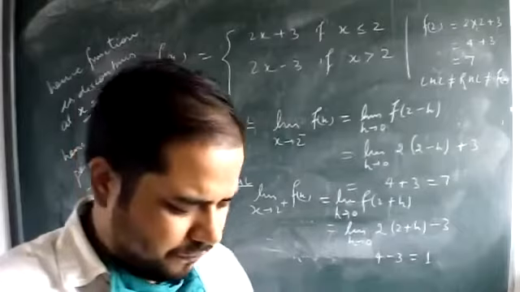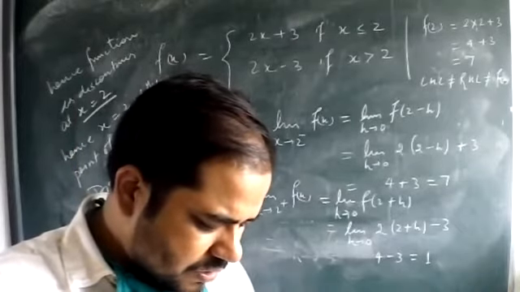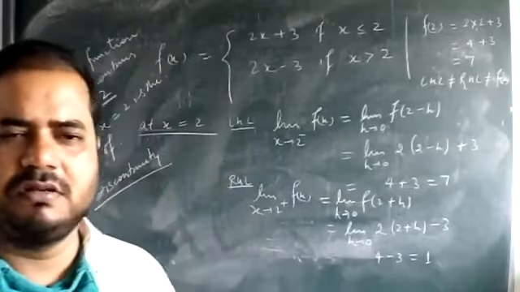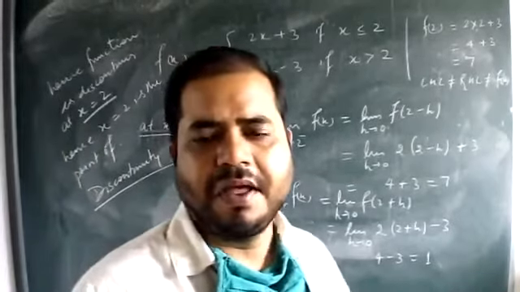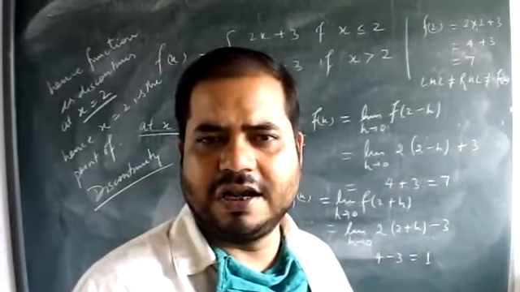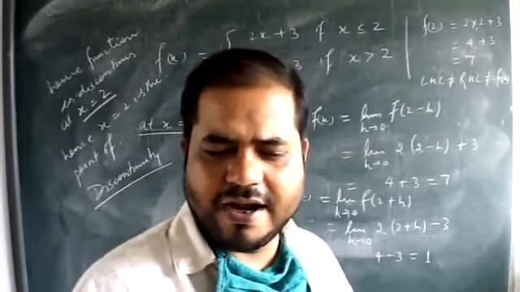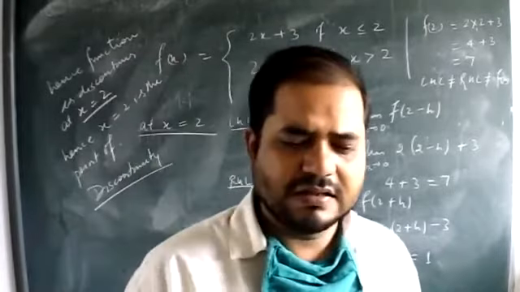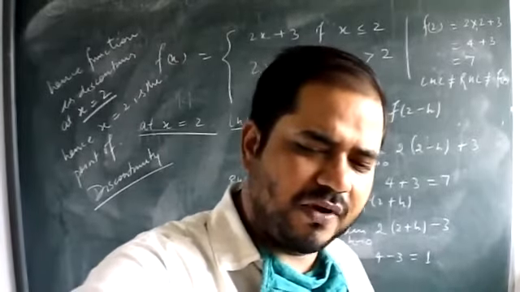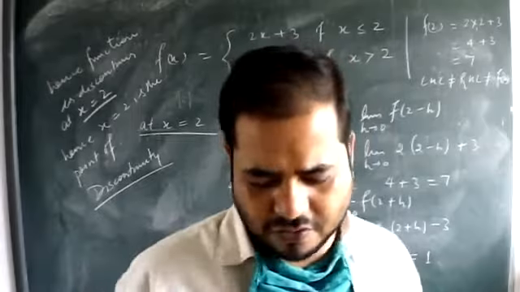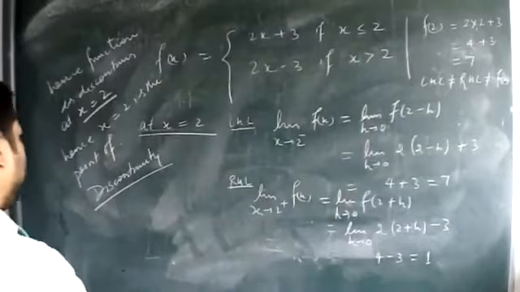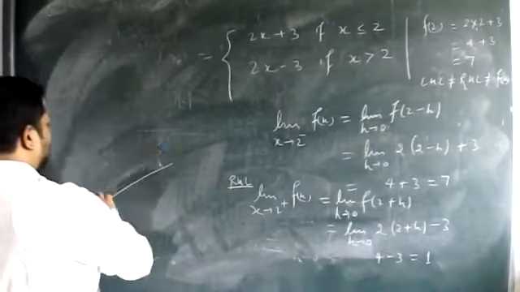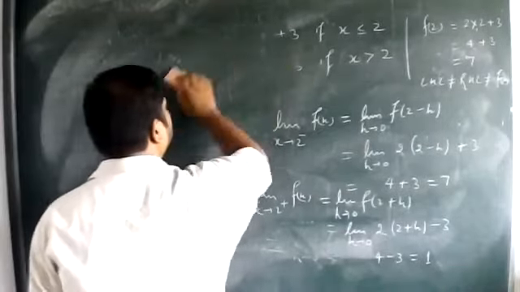Example number 14 in your book shows that every polynomial function is continuous. Obviously, every polynomial function is continuous, because if you write any polynomial function, the limit of the function must be equal to the value of the function. Hence, every polynomial function is a continuous function.